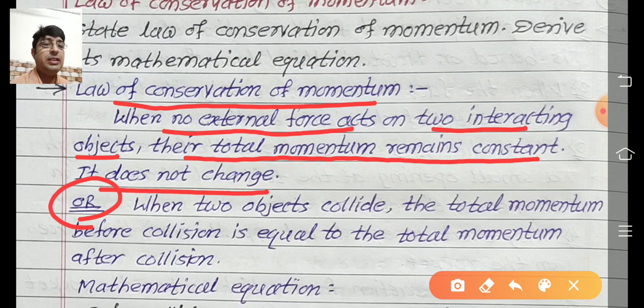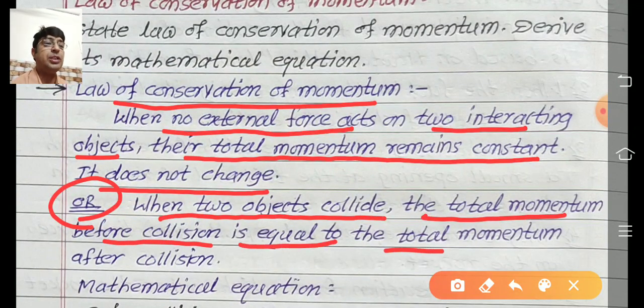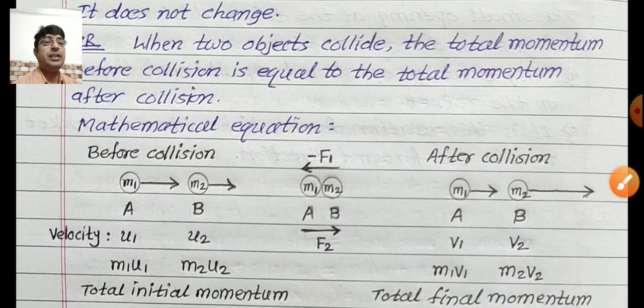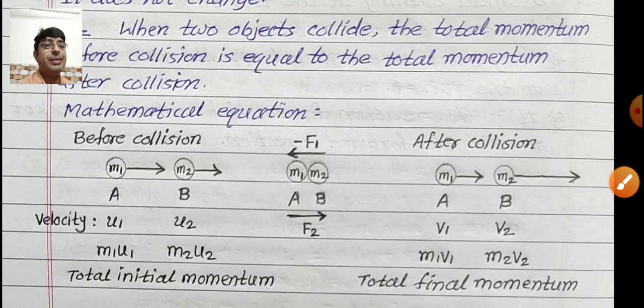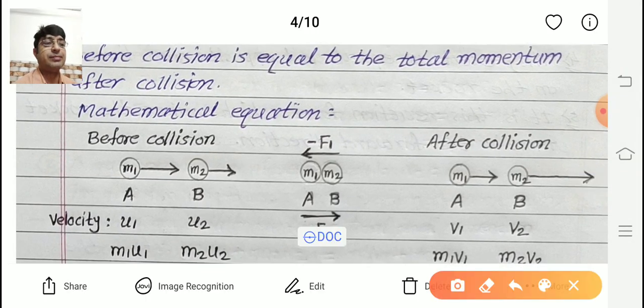Second statement: when two objects collide, the total momentum before collision is equal to the total momentum after collision. This is the second statement. So you write only one statement in the exam when the question is asked. Mathematical equation. So I will show it diagrammatically like this.